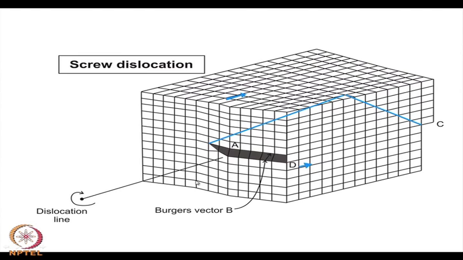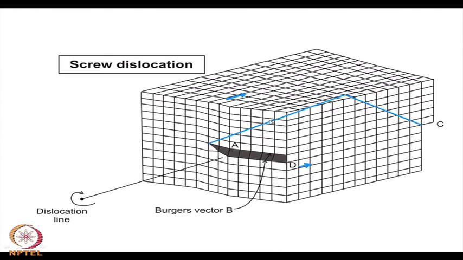Under such a situation, what will happen? Once again there will be a boundary between slipped and unslipped portion. This portion has slipped, whereas this portion has not slipped. So, the boundary is in a different direction now.